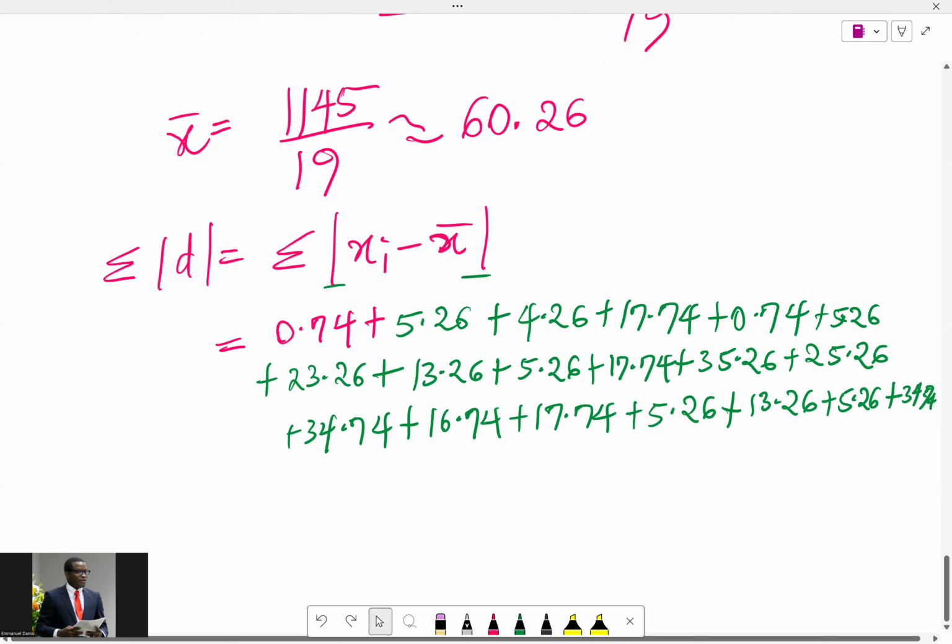Very important, carefully. 0.74 plus 5.26.